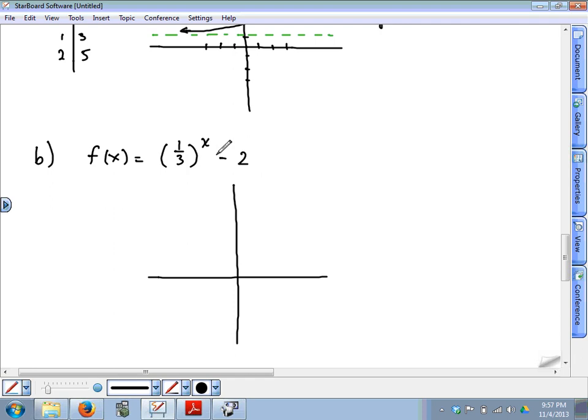Locate the horizontal asymptote. This right here, minus 2, is going to move the horizontal asymptote down 2 units. Okay, now you make a table of values with 3 points. One of those, x has to be 0. 1/3 to the 0 power is 1. 1 minus 2 is negative 1.